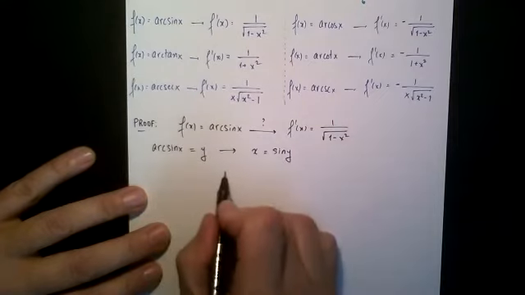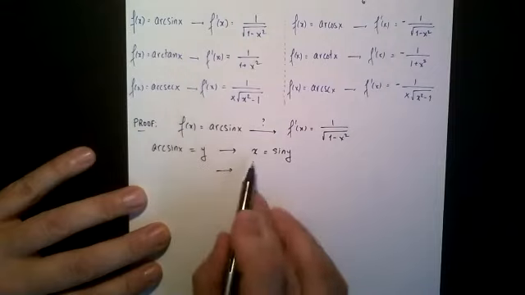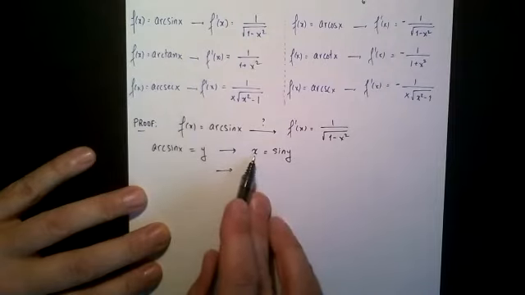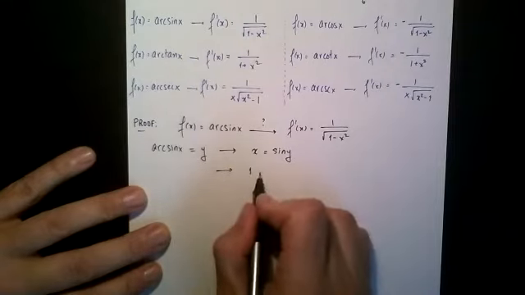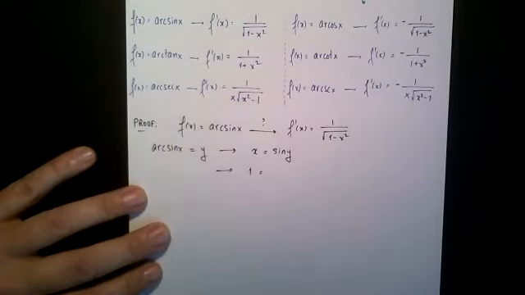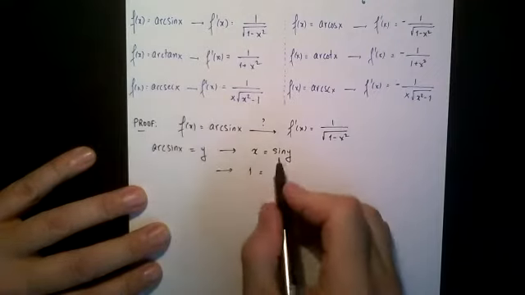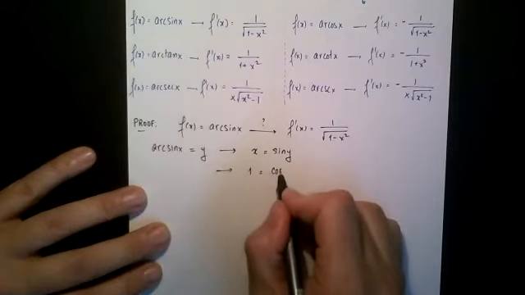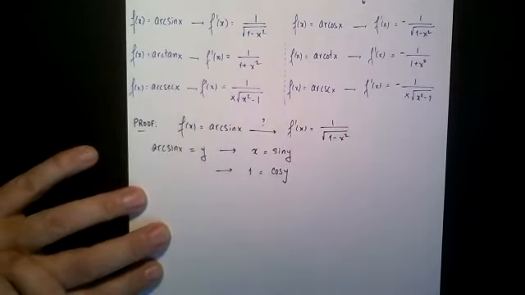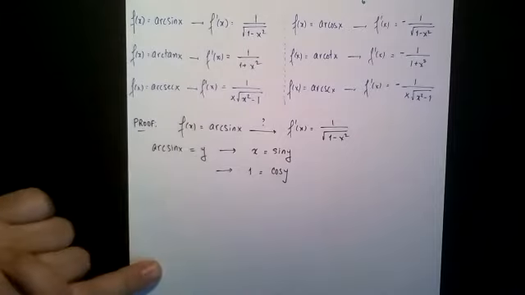Sine of y. And so now I'm going to do implicit differentiation. I'm going to differentiate both sides. The derivative of x is 1, and the derivative of sine y is what? Cos y, right? Negative cos y? No, it's cos y. The derivative of sine is cos. Okay, so I'm waiting.